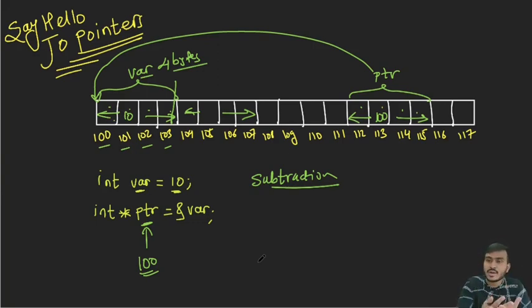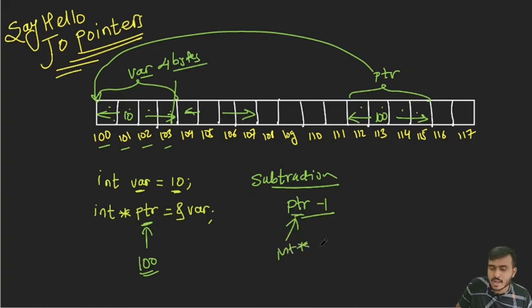Right now just start with the simple variant of the subtraction, which is subtracting a constant from a pointer. Similar to the previous example, let's say I write ptr minus 1, then what will happen? In this case ptr is of type int star. Right now ptr is 100.